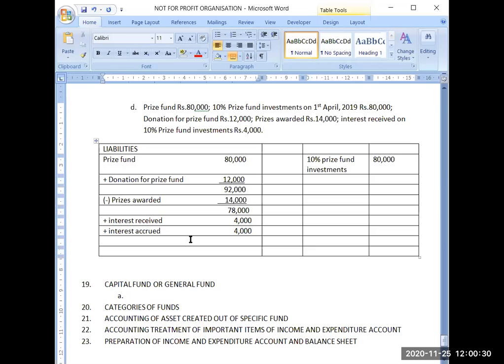So the total will now become 86,000. And this accrued interest will also be our asset, so we will write it here also, accrued interest. As you did this adjustment last year, you should remember it properly.